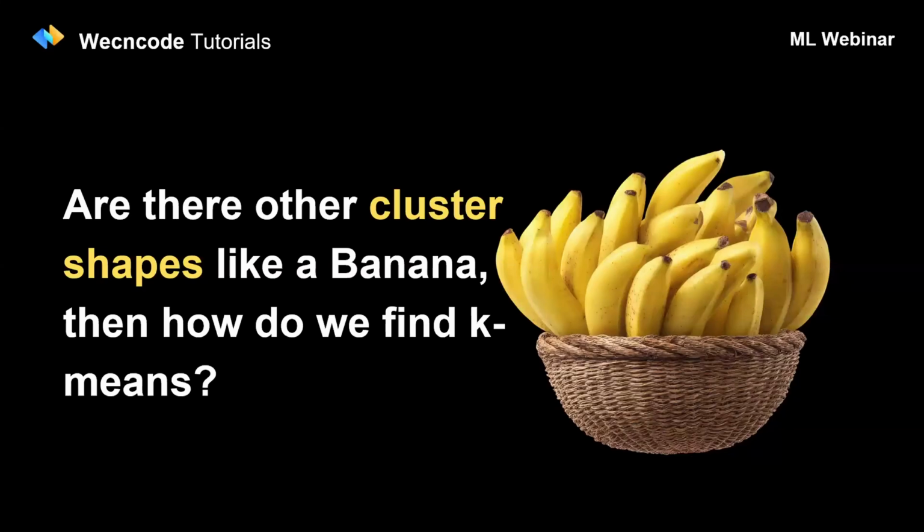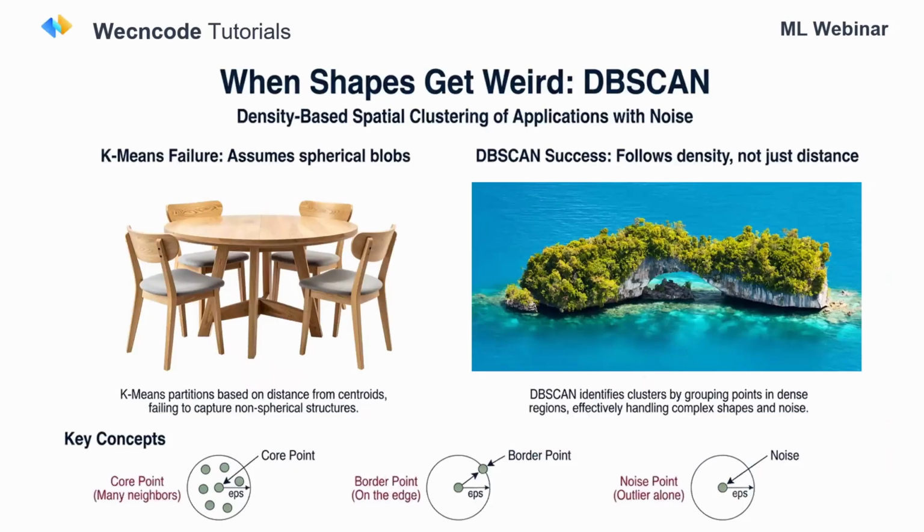And of course, there are other methods that you could use to find your k-means. Another algorithm that is very easy to use is the density scan approach. So what is density-based spatial clustering of applications? Instead of you saying, I believe that within the data there will be this many clusters, it will look at the density.